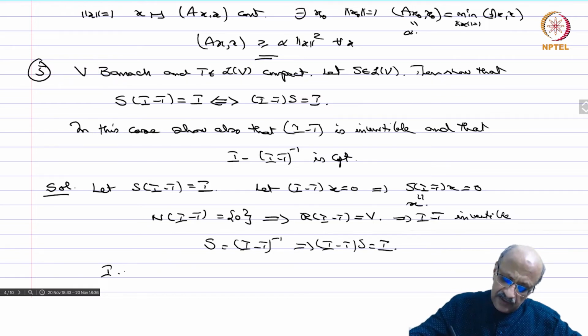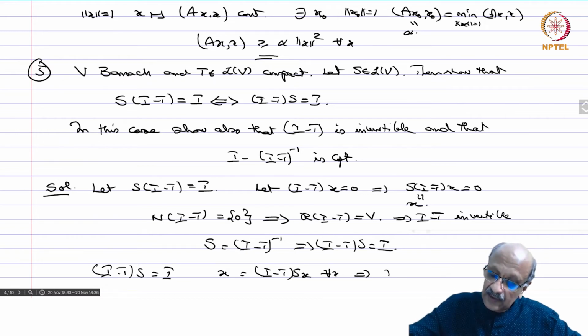Conversely, if (I minus T)S equals identity, then x equals (I minus T)Sx for all x. This implies that the range of I minus T is the whole space V, because every x can be written as (I minus T) of something.